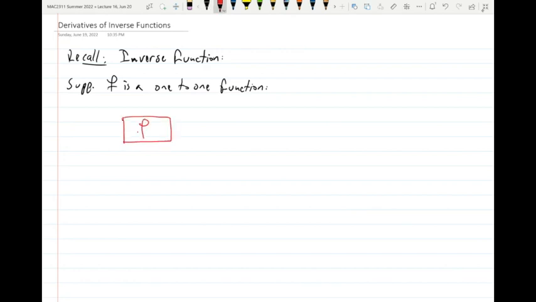Remember, functions are like machines. This is your function f. X comes in as an input, and then your output, which is y, we call it f of x, right? Whatever the output is. Then the inverse of f, so this is the function f. Then over here, I can put another machine, which we call f inverse.